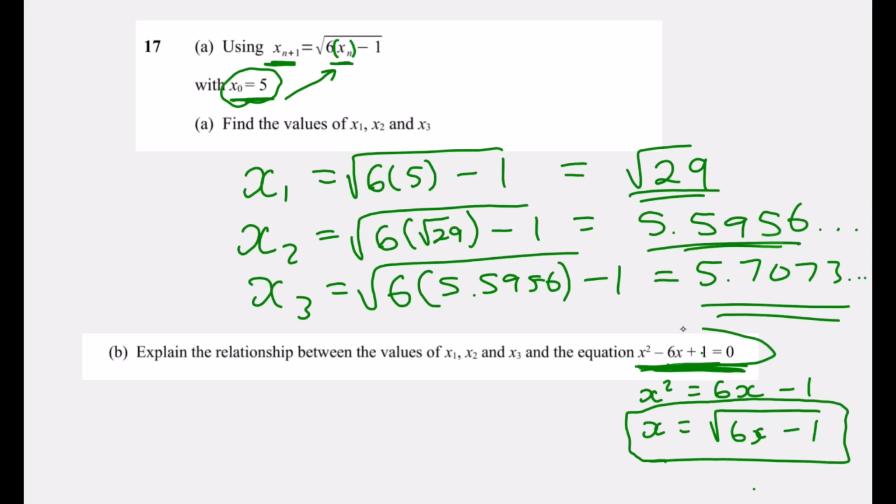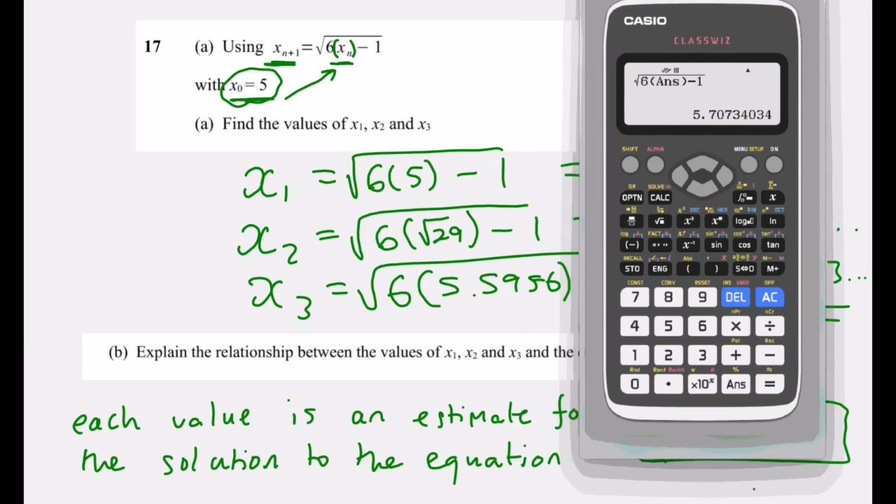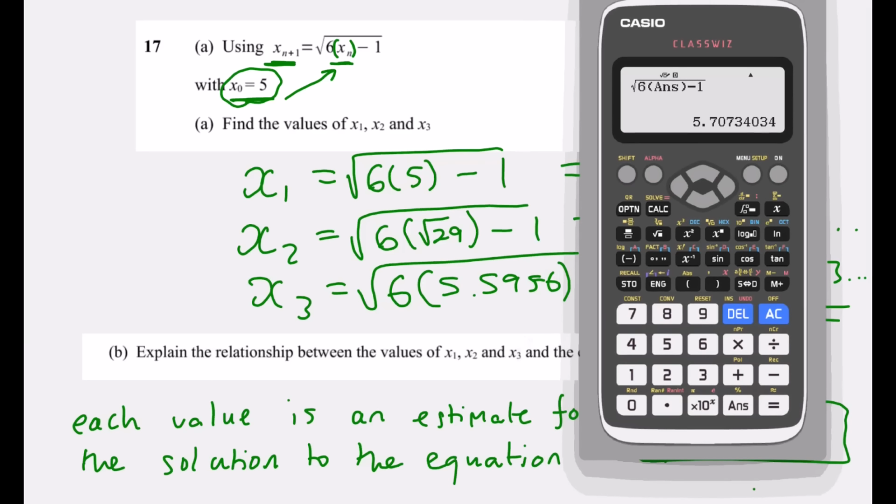It's made from rearranging an equation, and each answer, each value, is an estimate for the solution, or a solution, to the equation. So when you've got an iteration formula, the idea is every answer, if it's working, gets closer and closer to the actual solution.